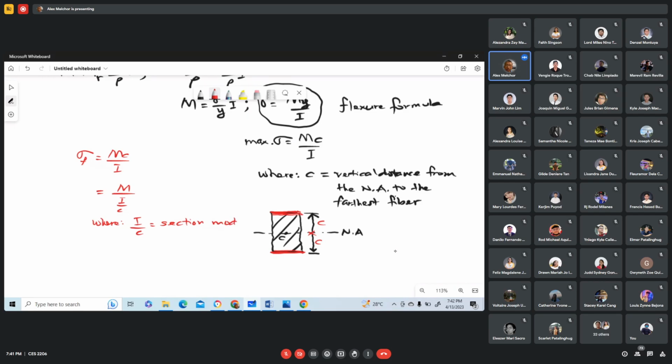The section modulus is denoted by S. So that the flexural stress, therefore, is equal to M over S. So this is another equation to remember.